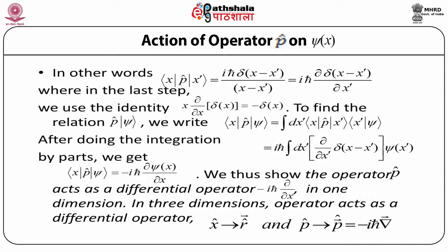In this manner, we show that the operator p acts as a differential operator minus iħ del by del x, or in this manner we have actually defined the momentum operator p in one dimension.